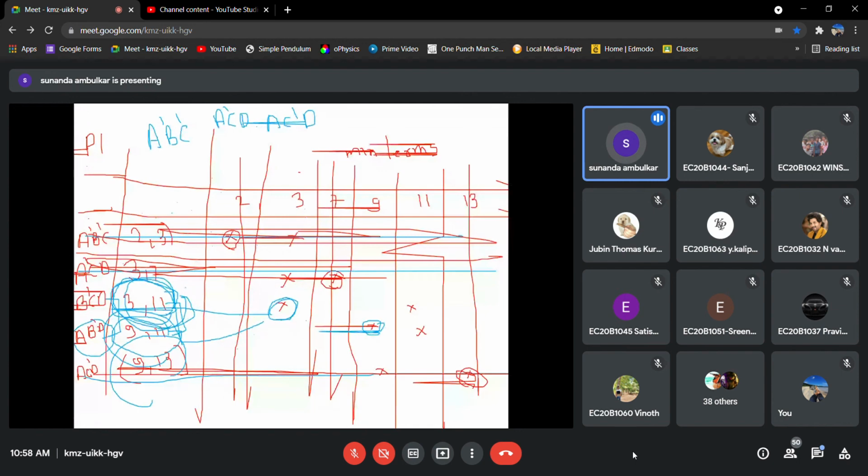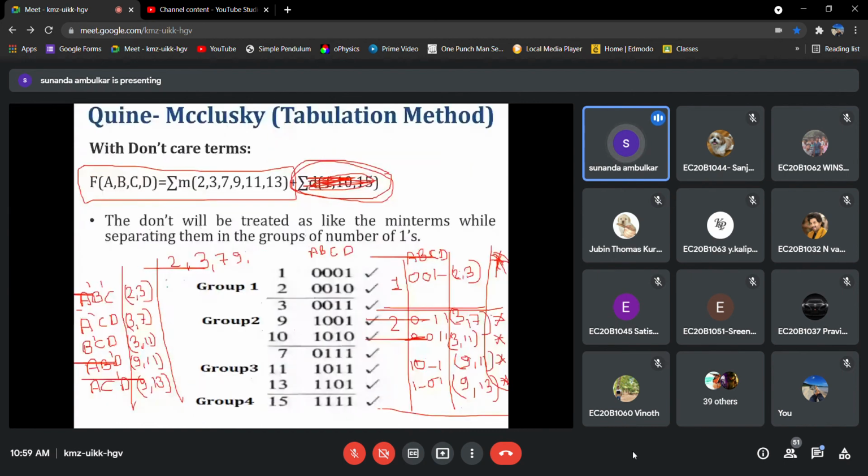Okay, so in this example we found 4 terms without the use of the don't care condition. But if we utilize the don't care condition, there is an advantage that we will find a lesser number of terms. So this is your task. You have to do it by yourself. The principle is to take all the don't care terms in the grouping.